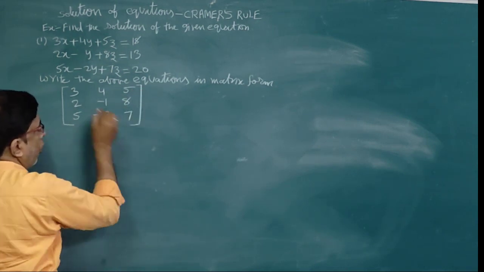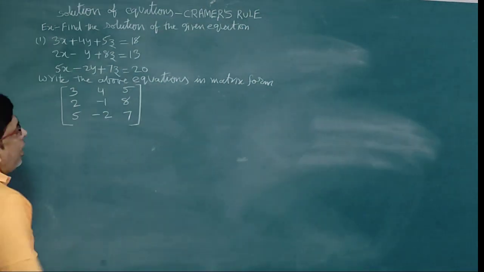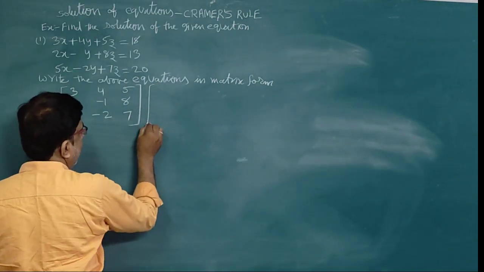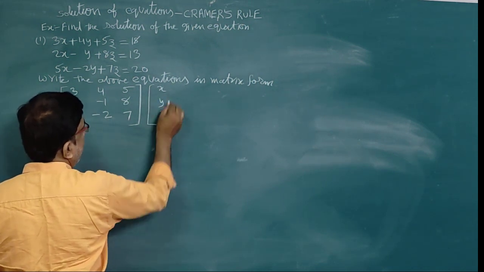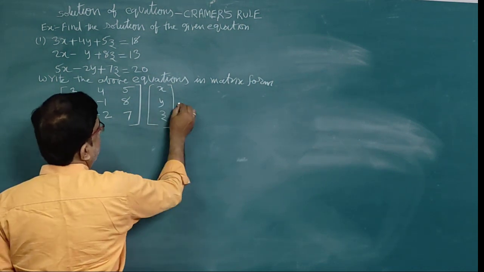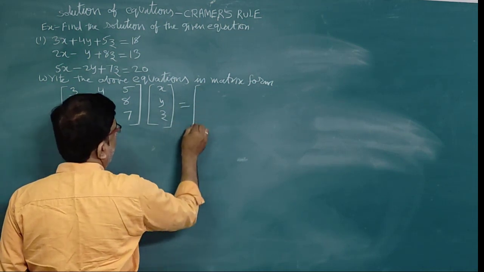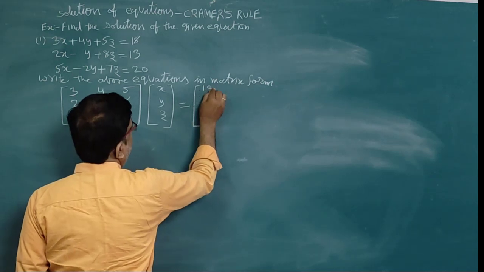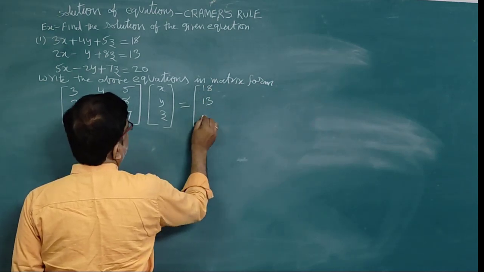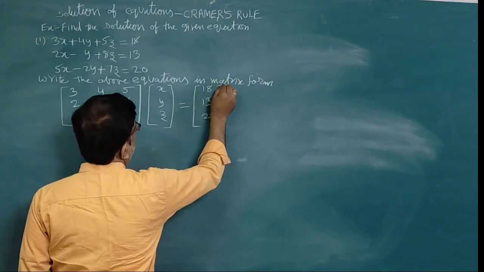This is the coefficient matrix. Now multiply this with your x, y, z. Then this is equal to all the constants. The constants are 18, 13, 20.